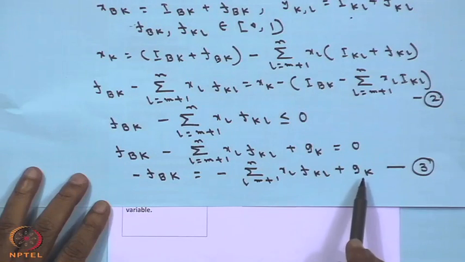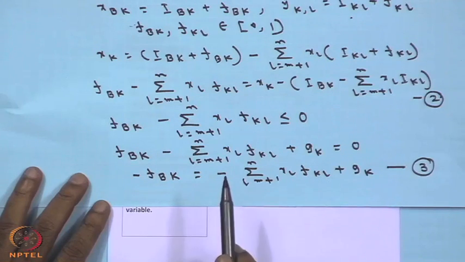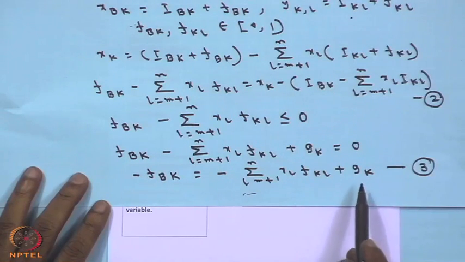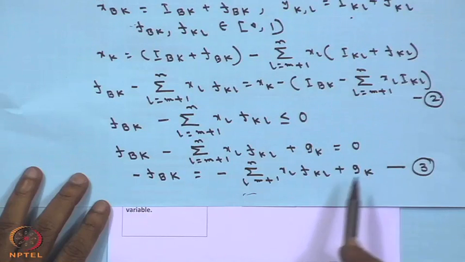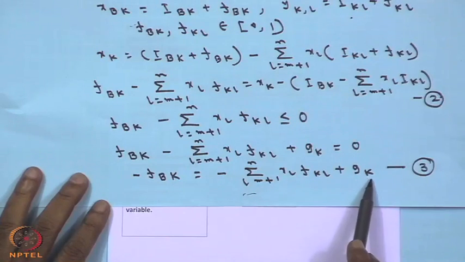Now, this new constraint will be added to the last simplex table. Suppose there were 3 variables in the basis, then after introducing the new constraint there will be 4 variables, the fourth variable being xk, which has the largest fractional part, and you fill up the table with this row of equation 3.